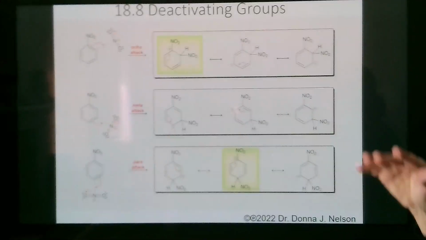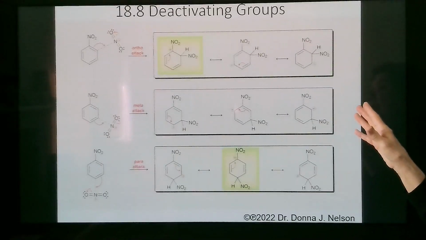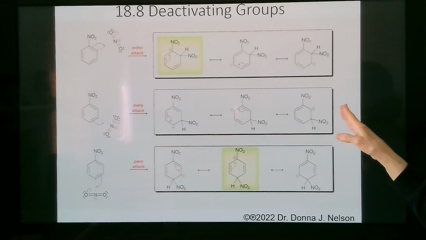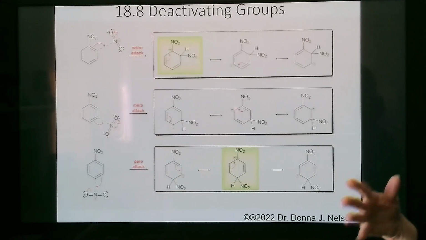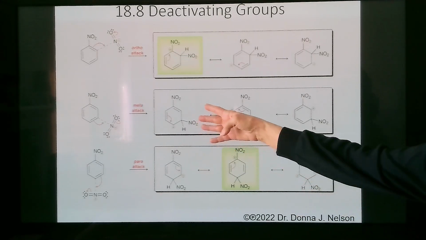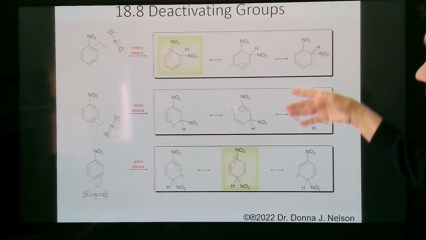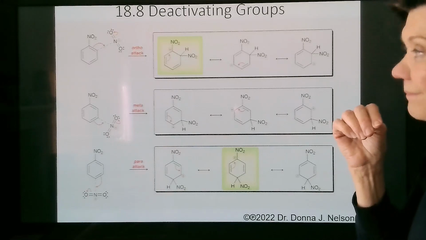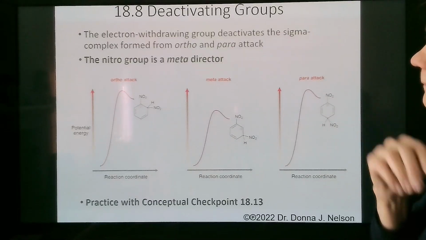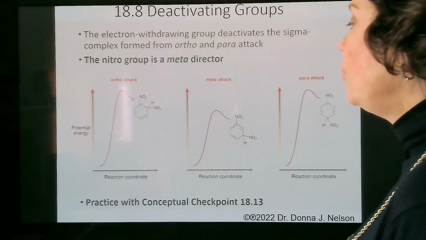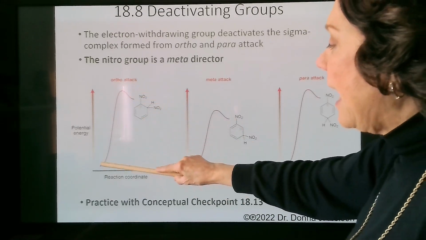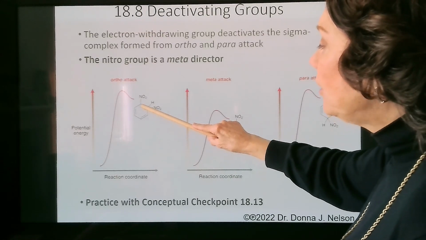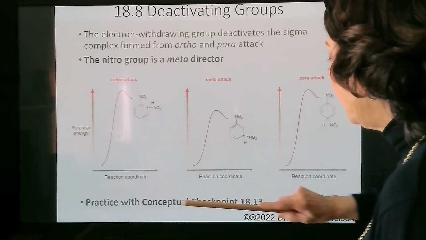It isn't that meta, the structures for meta attack, it isn't that they are particularly stabilized. It's just that they're not destabilized, and the others are. So here you have the ortho attack has a higher energy barrier because the carbon is bearing a positive charge, nitro is bearing a positive charge.